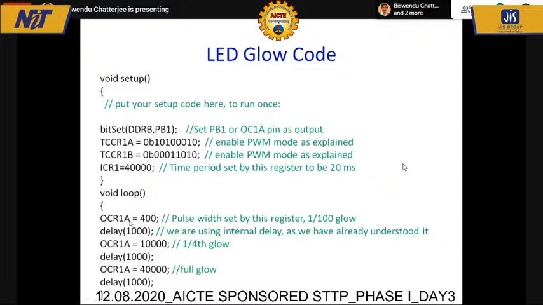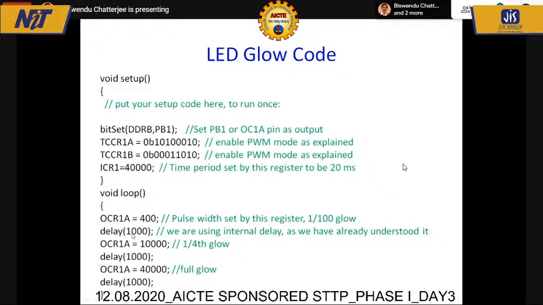Now see the dynamic nature, or the advantage, of this microcontroller. As soon as you give OCR1A equal to 4000, the pulse width set by this register is 1/100 low. Because see, 40,000 is the maximum value. Now I have set the output to 1/100.